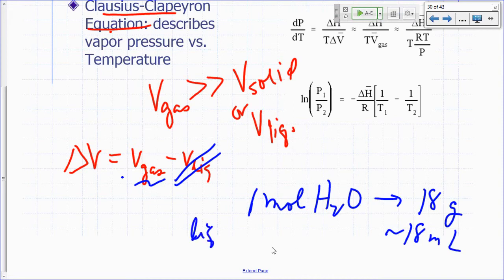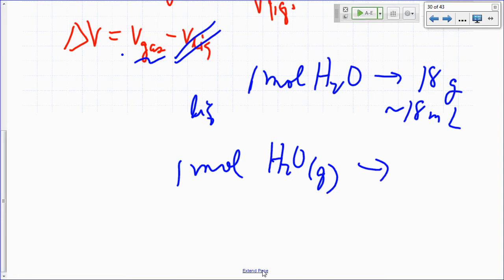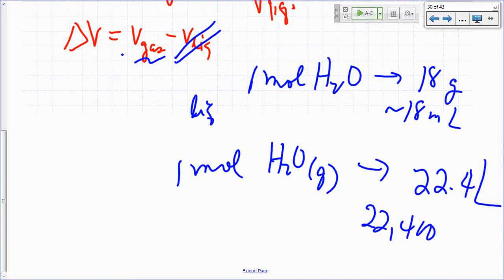Now, if you turn your water from liquid to vapor, gaseous water, 1 mole of a gas would have a volume of how much at STP? 22.4 liters per mole, right? That's 22,400 milliliters. How does 22,400 compare to 18?